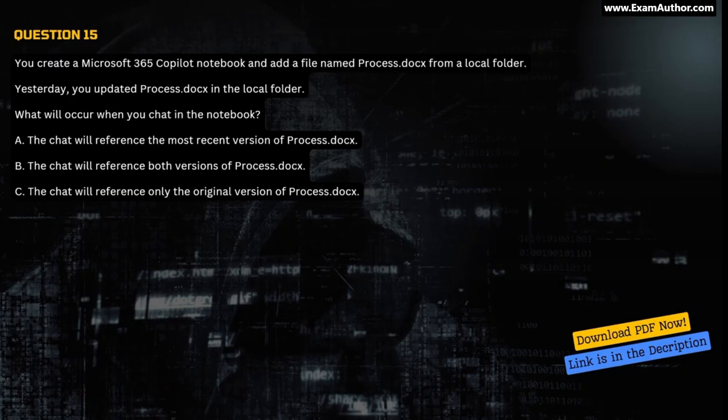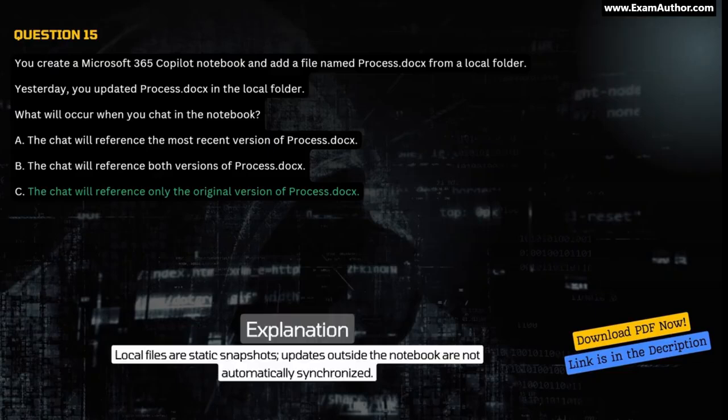B. The chat will reference both versions of process.docs. C. The chat will reference only the original version of process.docs. Correct answer C. The chat will reference only the original version of process.docs. Explanation: local files are static snapshots. Updates outside the notebook are not automatically synchronized.